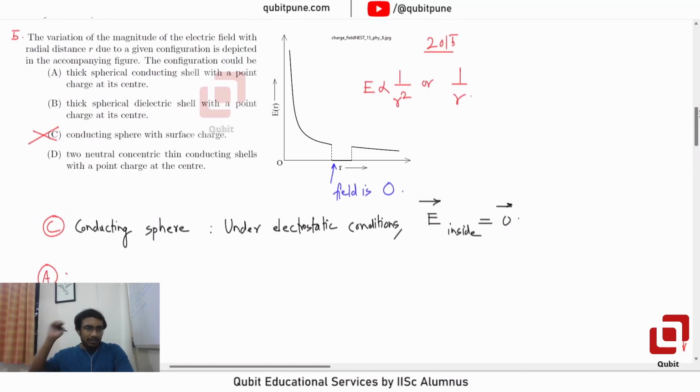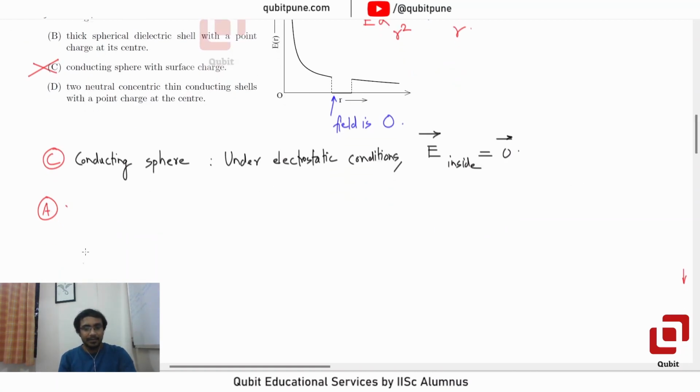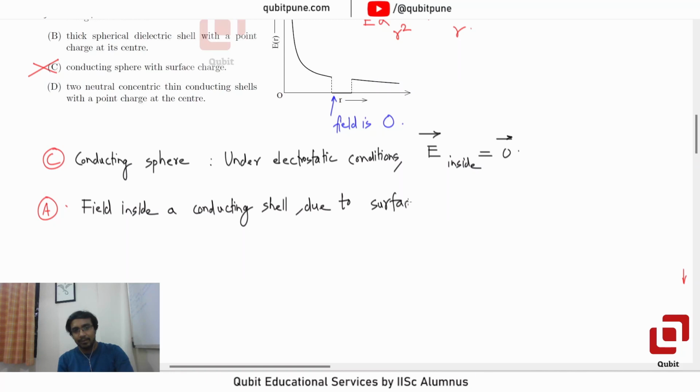We know that the field inside a conducting shell due to the surface charge on it is 0.